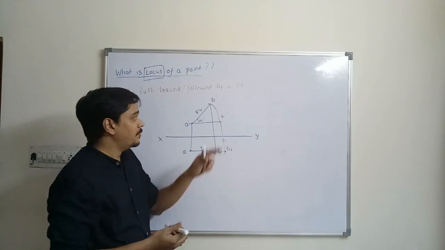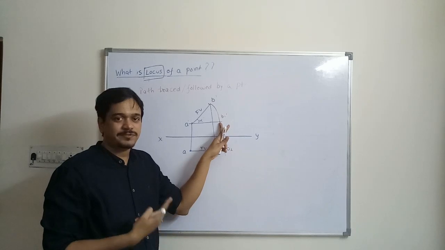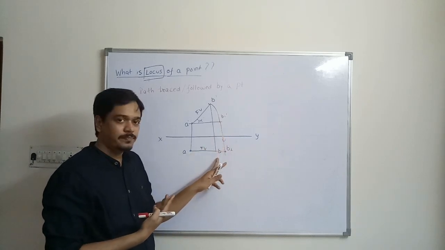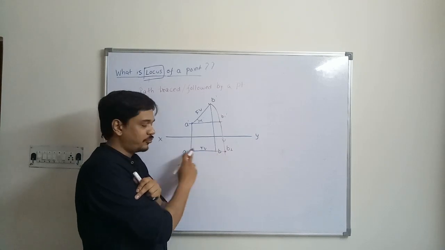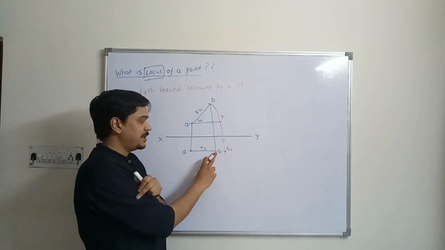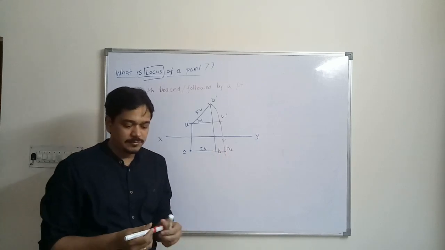If you shift point B from here to here, what is the effect of shifting this point in the top view? The point B moves in a horizontal straight line.